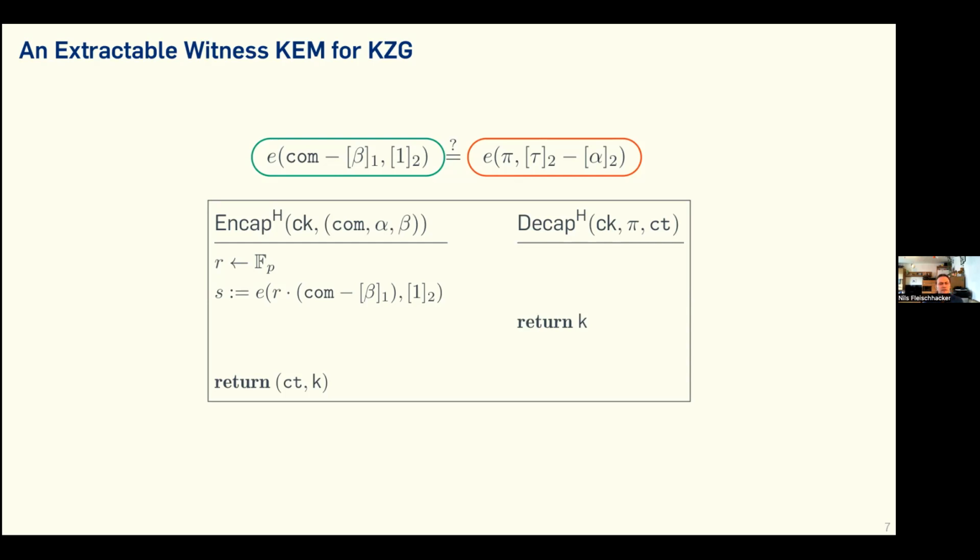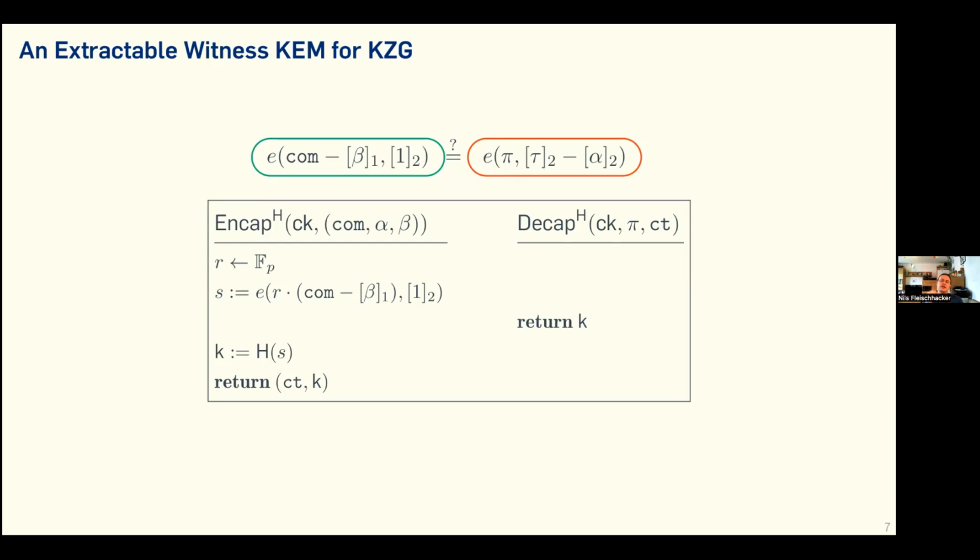It will turn out that this key material is actually not necessarily indistinguishable from random. It is hard to predict, but not necessarily indistinguishable from random. So to get around that, what we do is basically we take a random oracle and we apply it to S, and then we have a key that is indistinguishable from random.